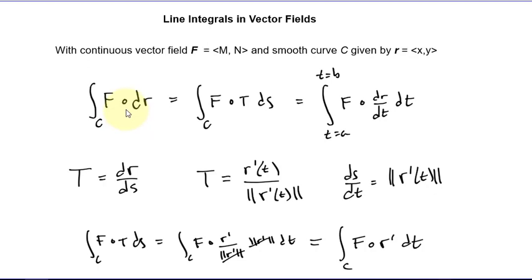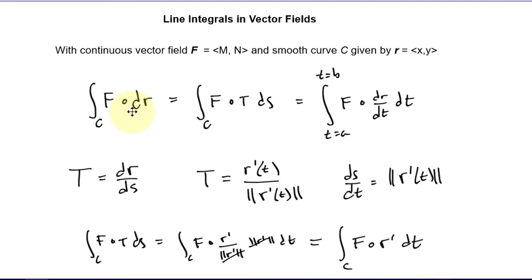That's kind of new. I would first try to interpret this by saying that we are adding up the components of this vector F that are tangent to the curve, parallel to the path. That is actually parallel to the velocity.